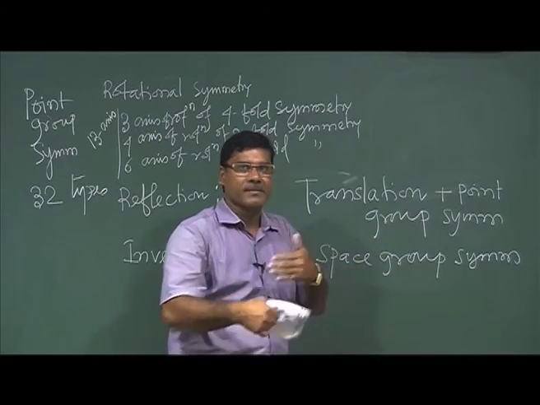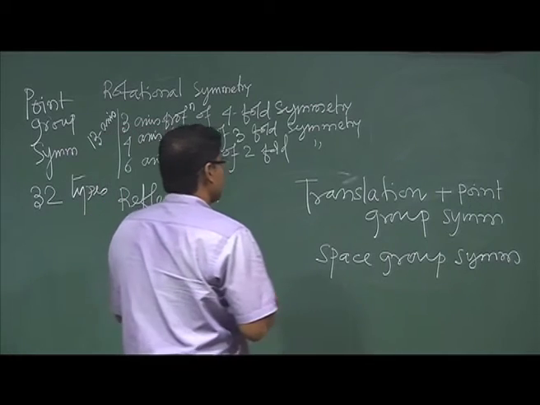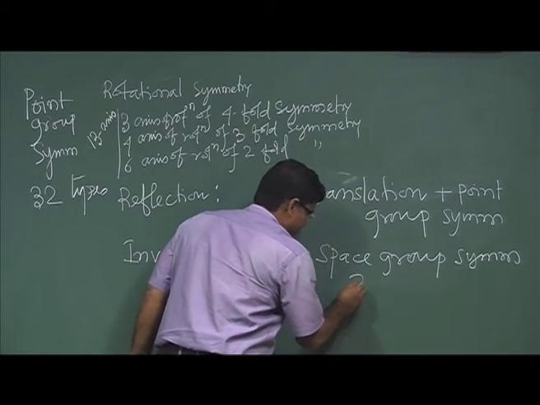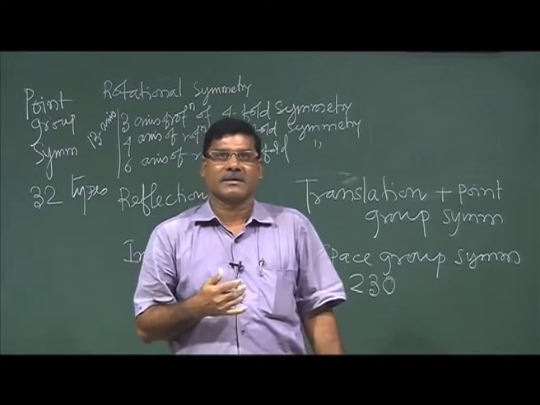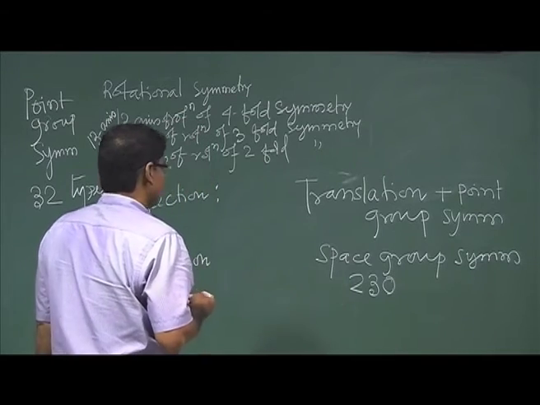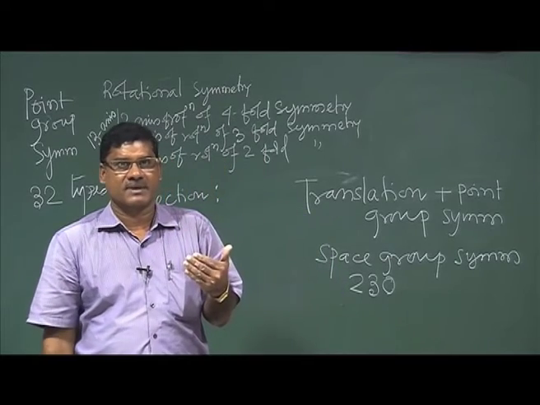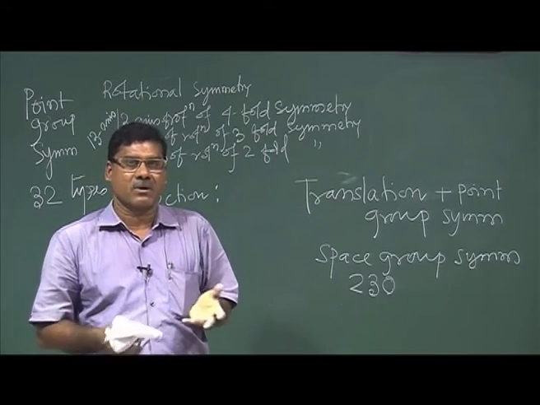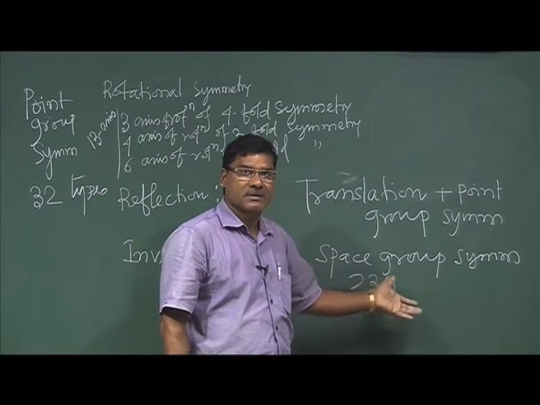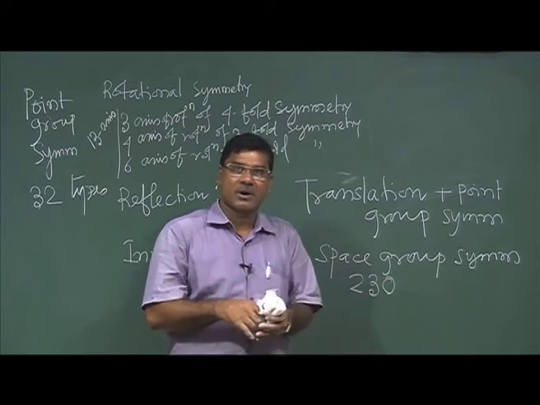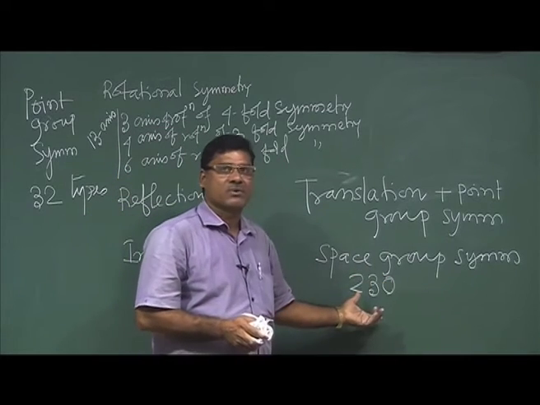So, if you take different combinations of them, one can show that there are 230 space group symmetries. So, all crystals will have at maximum this number; not that one crystal will have all of this. All crystals, whatever the space group symmetry, will be out of this 230.